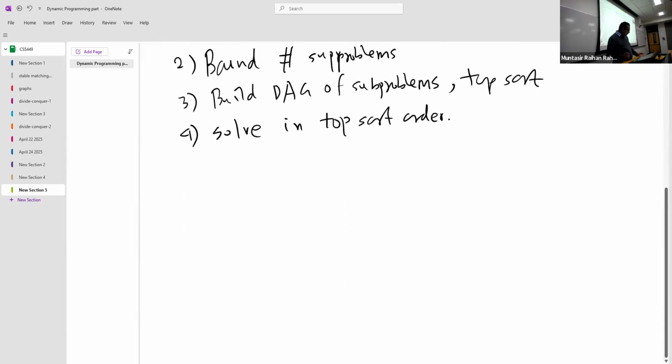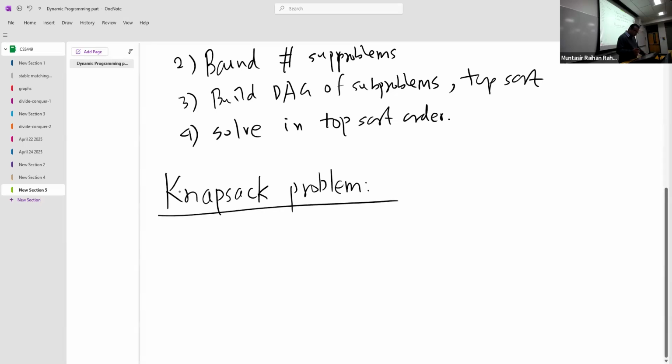Okay, so now let's try to apply this to a new problem, which is knapsack. So what is the knapsack problem? Has anyone heard of the knapsack problem?